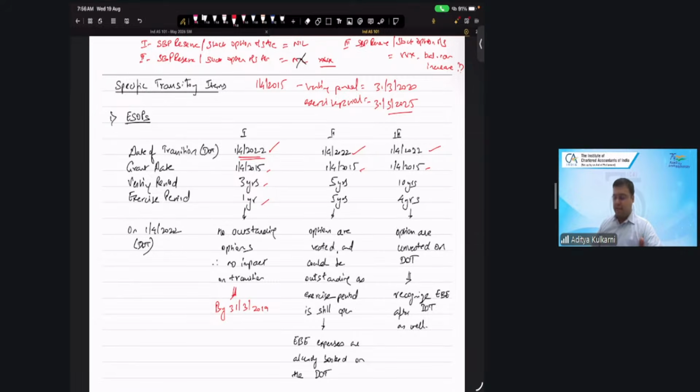In the first scenario, you have told me that stock option outstanding balance is 0. So, as on the date of transition, is there anything open in respect of the first ESOP plan? No. That means, will this ESOP plan be a subject matter of contention for transition?